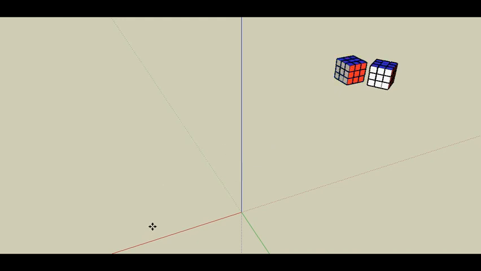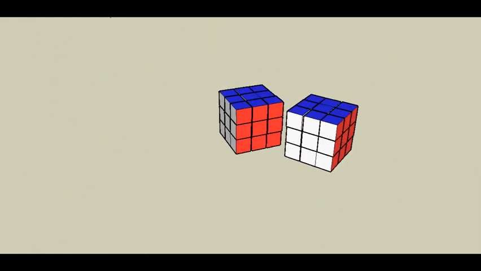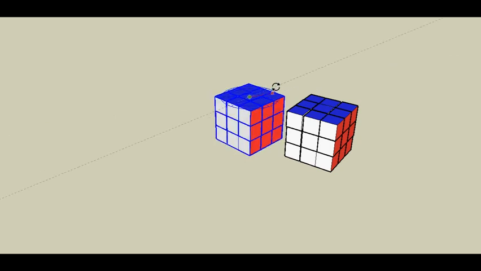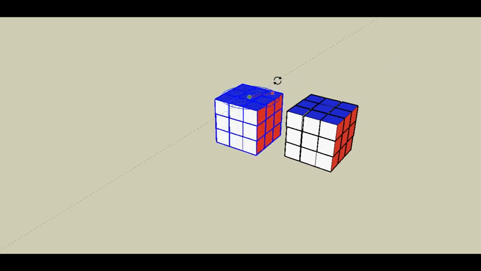Now you see the final position and this intermediate position. They are not the same, but if we just rotate this intermediate position about a vertical axis, we can get exactly the final position.